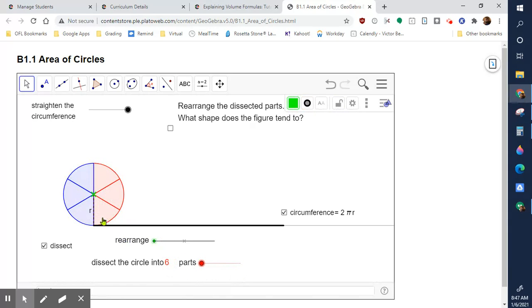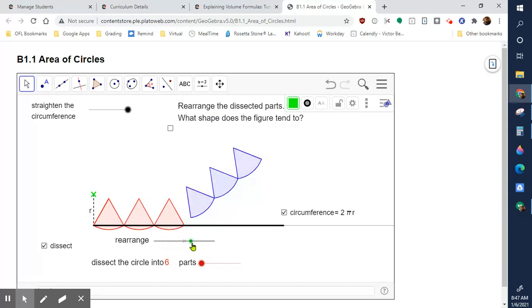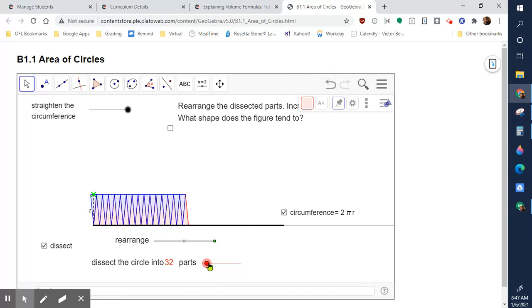So each one of these little triangles has a height of R. And when I try to make it a little more straighter, we see that it's only taking up pi. So if I were to make a formula for this, it would be R times pi r.